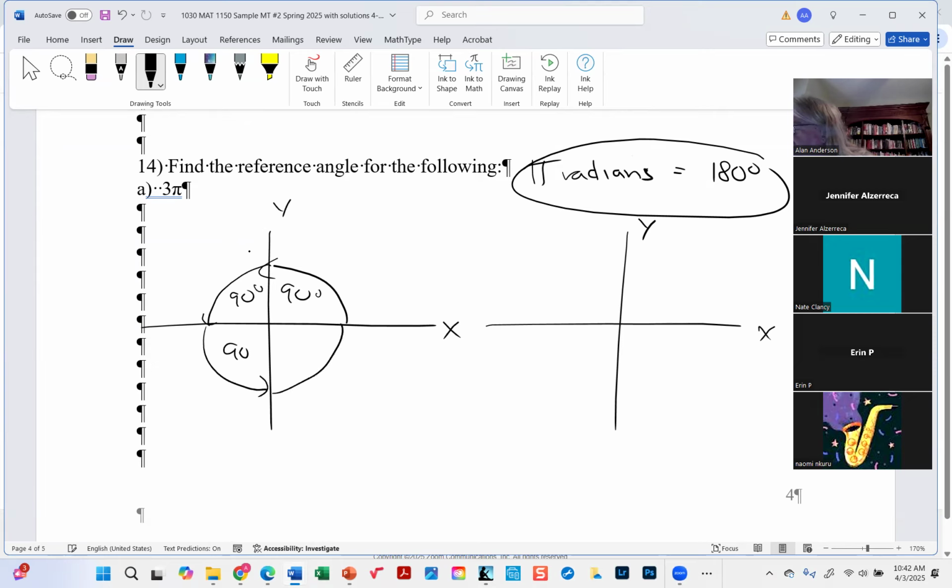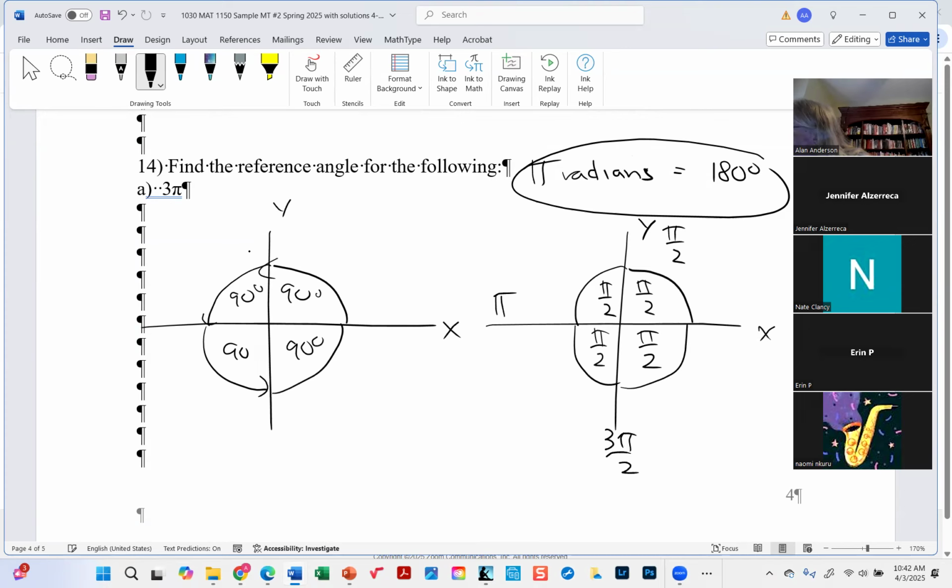270, and 360. Now, in terms of radians, that implies that this is pi over 2, another pi over 2, which means going to the other side, in other words, landing on that horizontal axis, is a total of pi. Then we have pi over 2 again, pi over 2. So you can label these axes pi over 2, pi, 3 pi over 2.